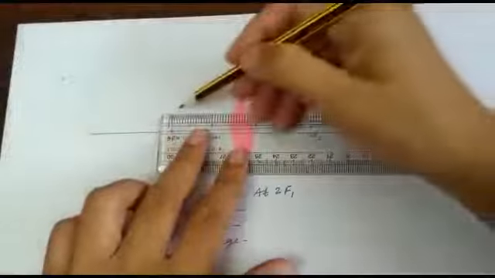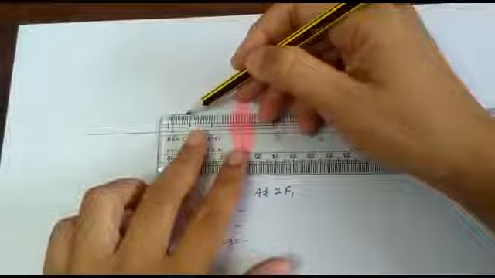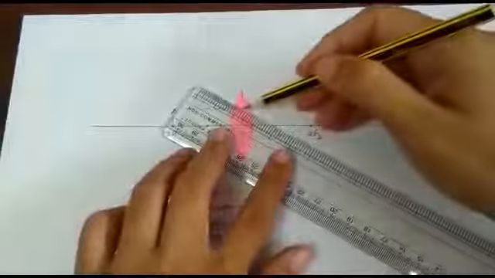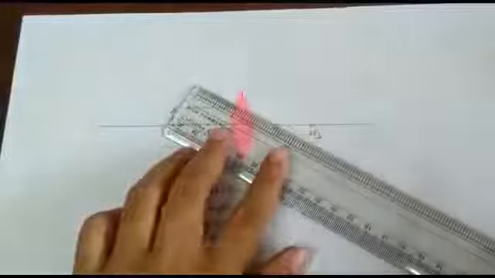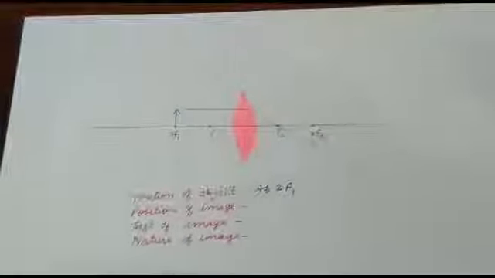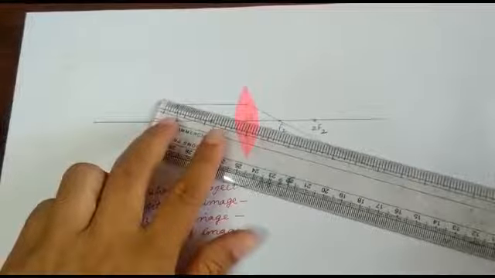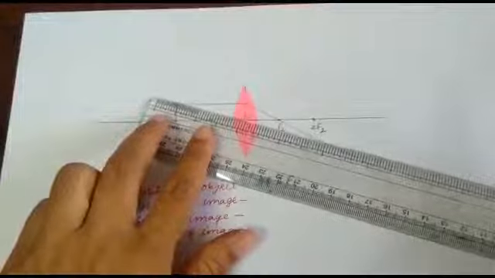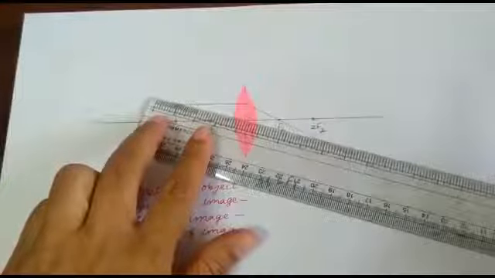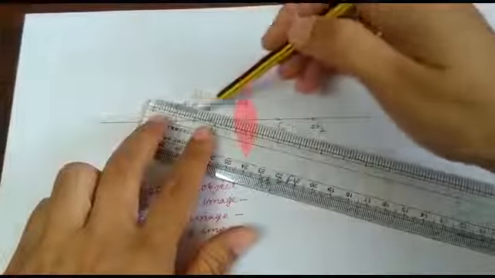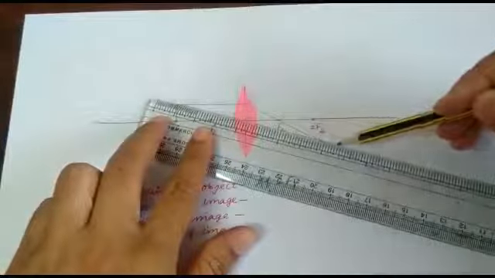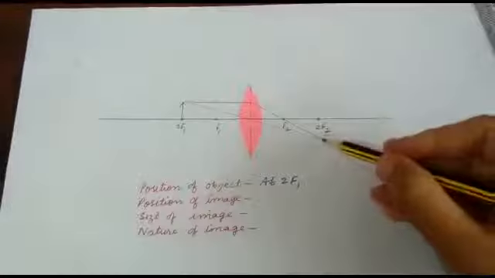So a light ray which is moving parallel to the principal axis, after refraction it will pass through the focus F2, and a second light ray which is passing through this optical center will move undeviated, and this is the point where these light rays meet after refraction.